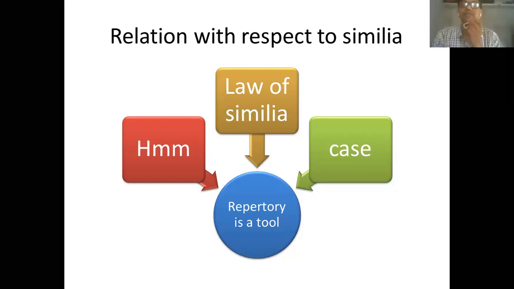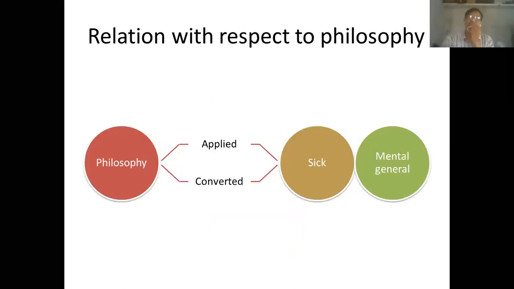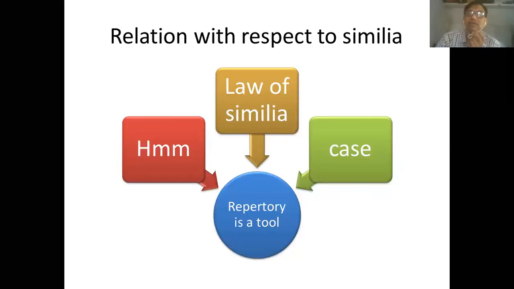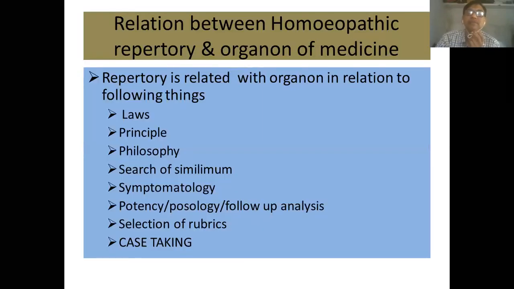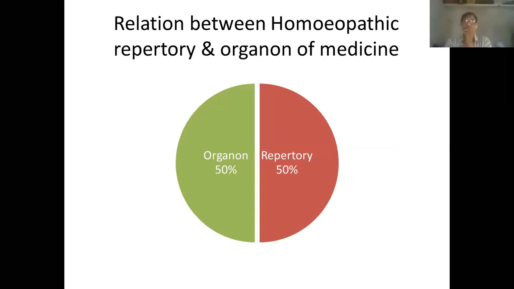Then another relationship is with respect to philosophy. Now, what happens in philosophy? Before going to that, we'll first study this important slide which I missed. Yes, this slide: what is homeopathic repertory?